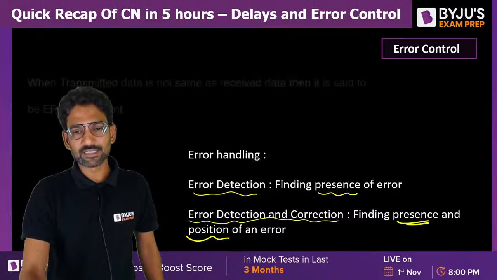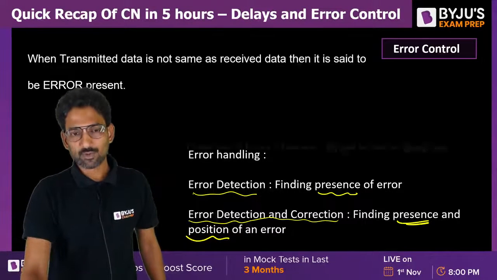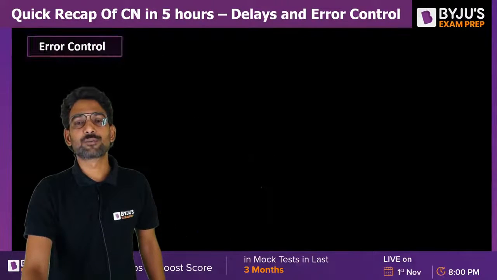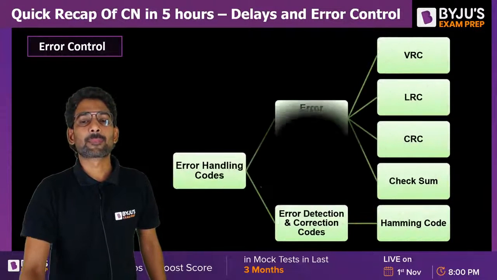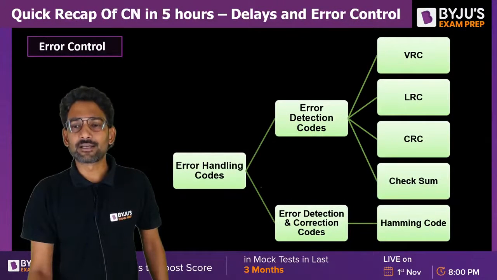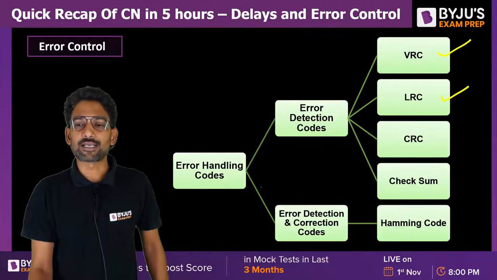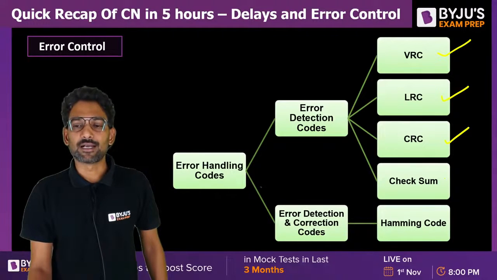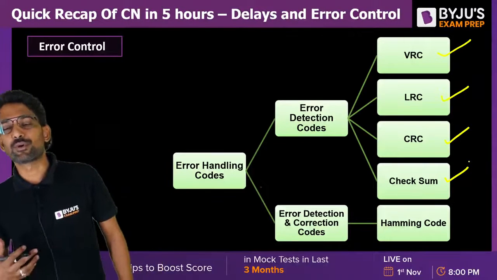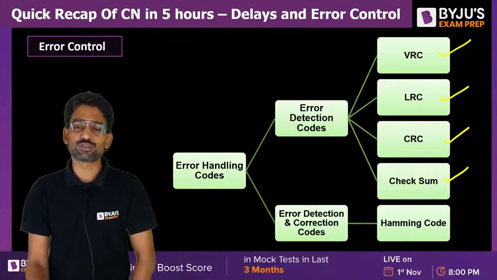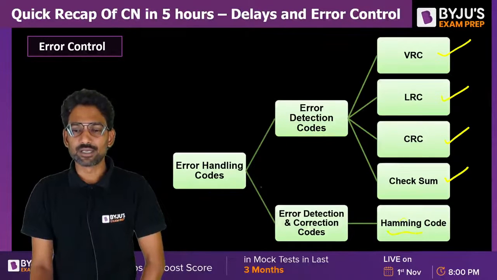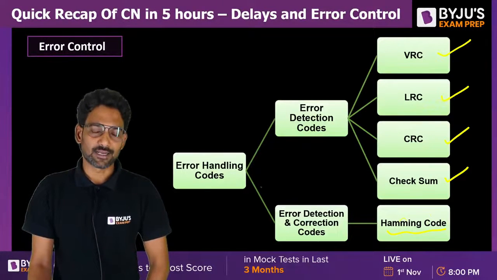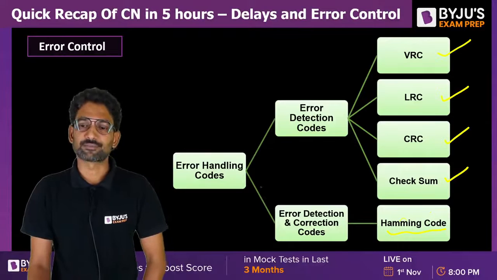What are different detection codes? Vertical redundancy check, longitudinal redundancy check, cyclic redundancy check, and checksum. These four are popular detection codes, and Hamming code is a detection and correction code, dear friends.